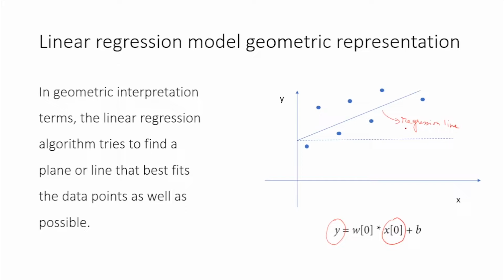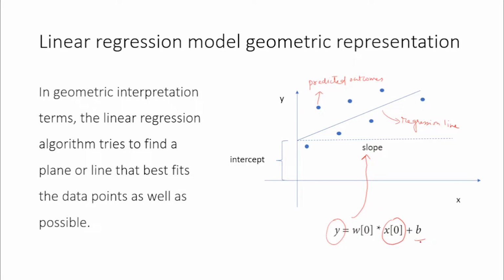We'll understand what this is, and these blue points are the predicted outcomes by our model. This w0, or the coefficient of x0, is basically nothing but this slope, and this value of b is the intercept.